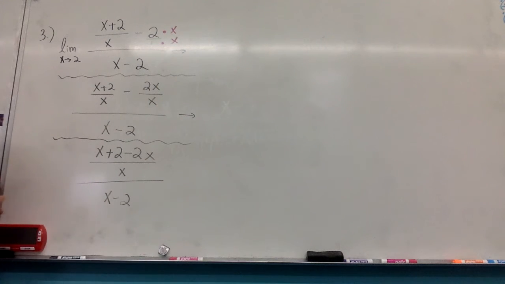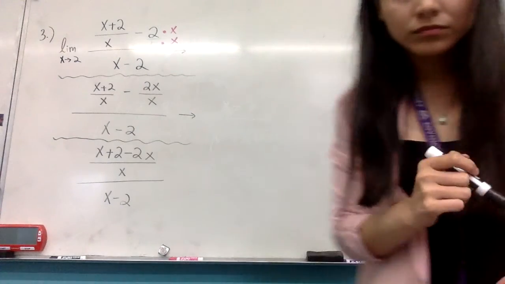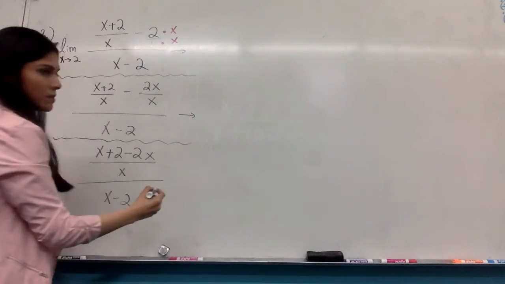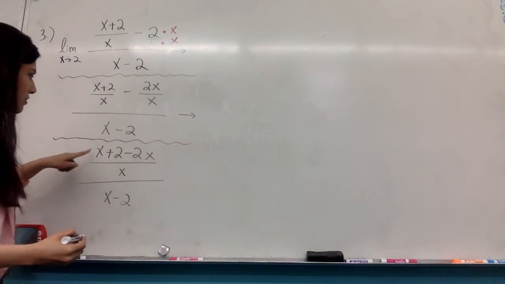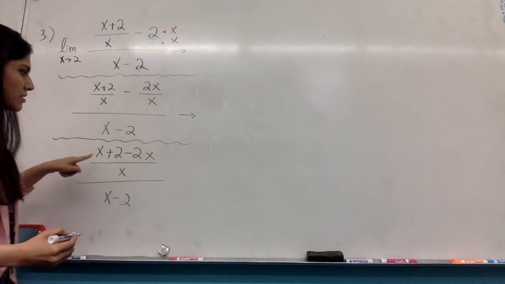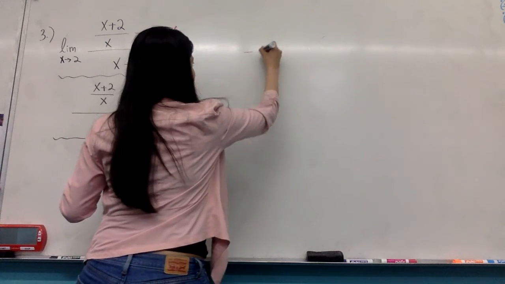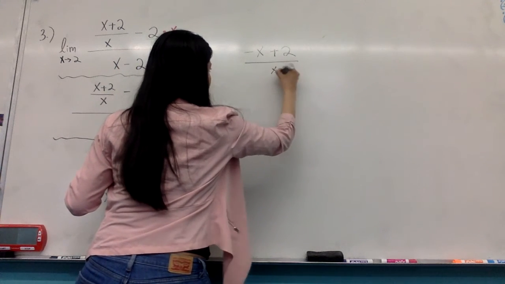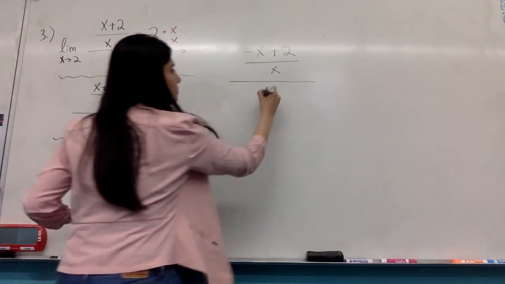These are separate steps. Now, to simplify this, I'm going to be moving up over here. So x minus 2x, that's going to give me negative x, and then we're going to have plus 2. Negative x plus 2, all divided by x, all divided by x minus 2.